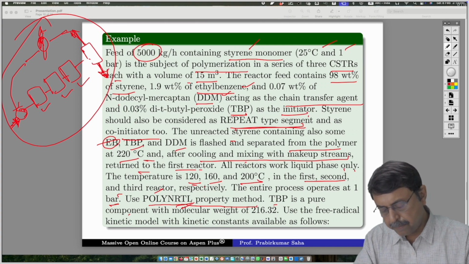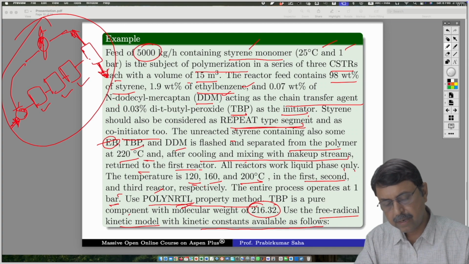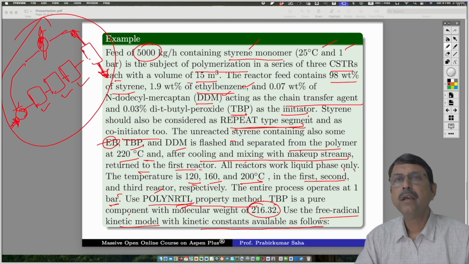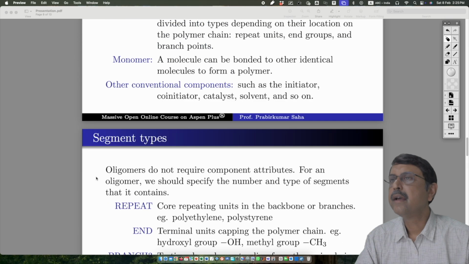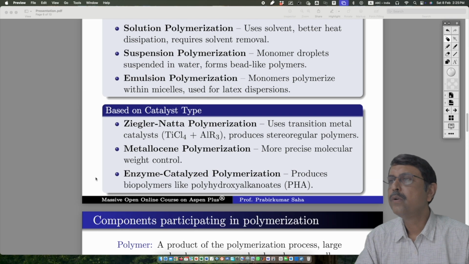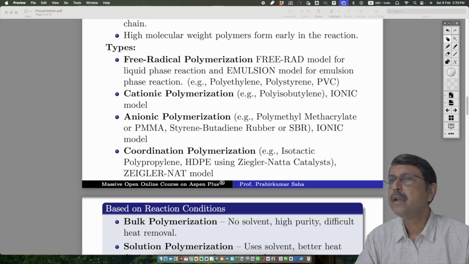Di-T-butyl peroxide is a pure component with molecular weight, which has been given. Use free radical kinetic model with kinetic constants available as follows. That means, as you may remember while discussing the reactions, polystyrene is a free radical polymerization reaction.